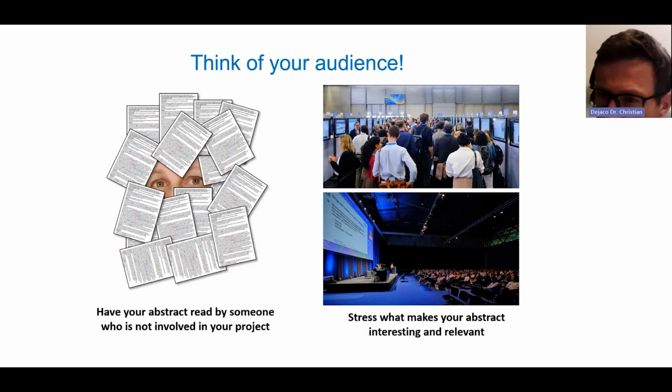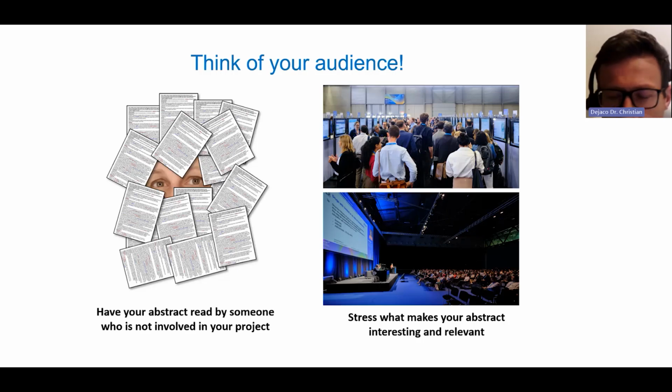Therefore, you need to write your abstract in a way that these people can understand what has been done, how it has been done, what the findings are, and what these findings mean for clinical practice, like I already emphasized before in the methods section. It would be a really good idea to ask someone who is absolutely not involved in your project to read the abstract and to ask whether he or she would have understood what you have done, what you found, and what this means for clinical practice.